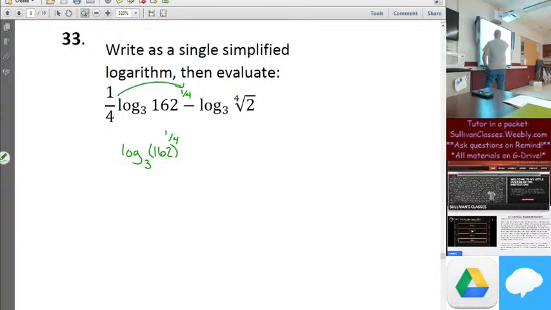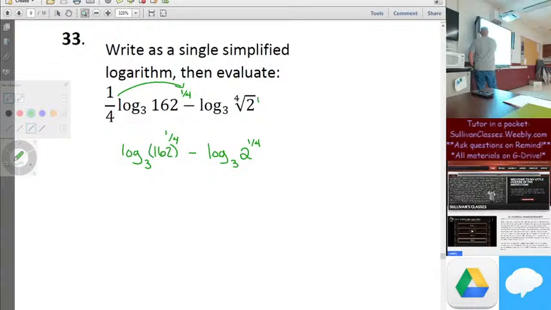Well, this is almost like we're combining radicals with logs. It's almost like it's a review or something. Whenever I have a fourth root of a thing, that's the 1/4 power. Remember, this becomes a numerator, that becomes a denominator.